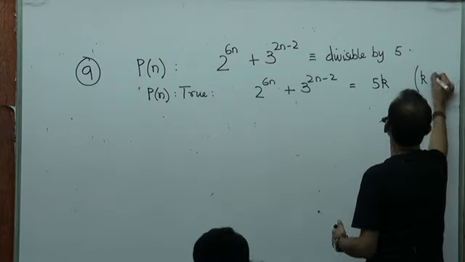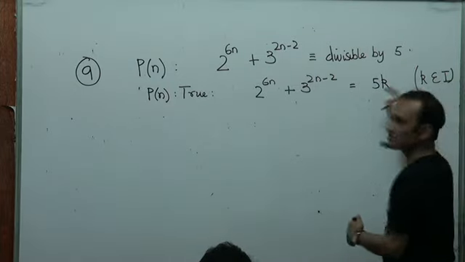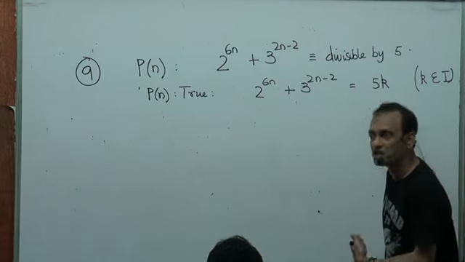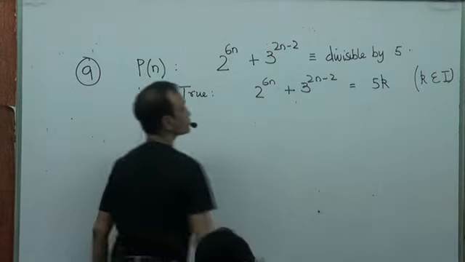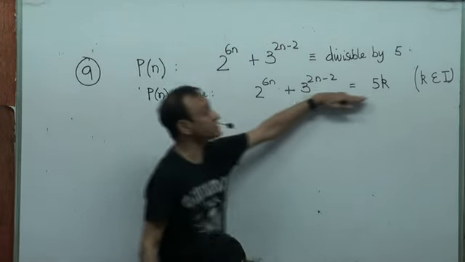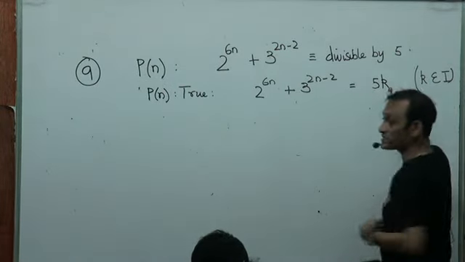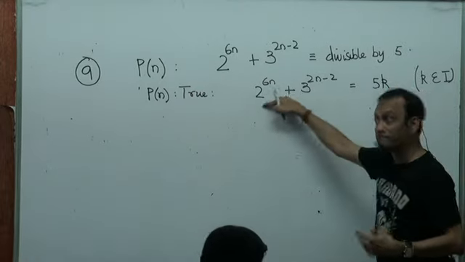K is any integer? Yes or no? A number which is divisible by 5 can be written as 5 times an integer k. Yes or no? Right? Now, given that this is a multiple of 5 times an integer, that's when this will be divisible by 5.